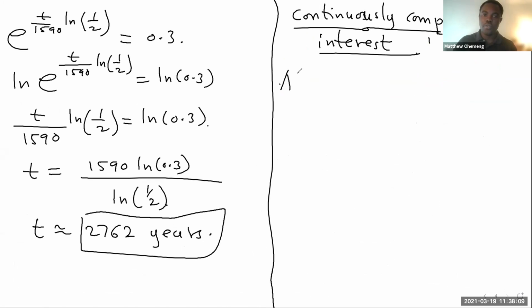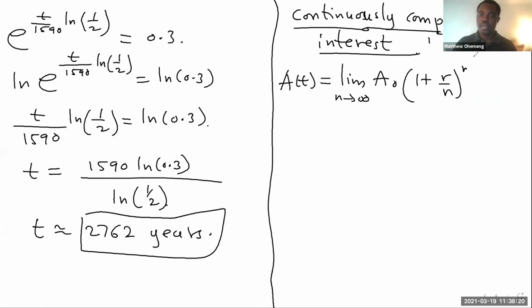We know that A of t, the accumulated value, is the limit as N approaches infinity of A of 0 times (1 plus R over N) to the NT.